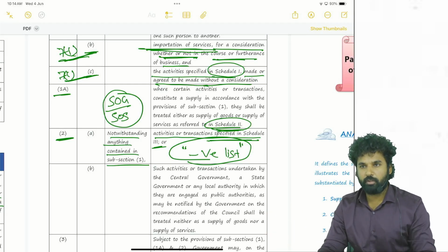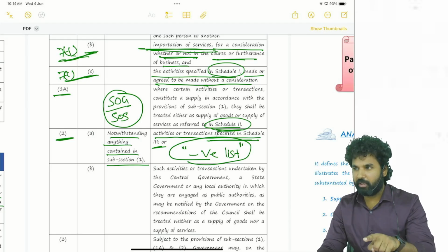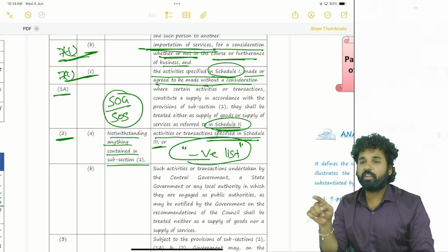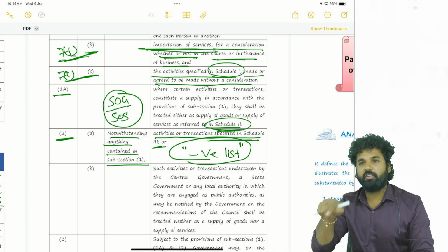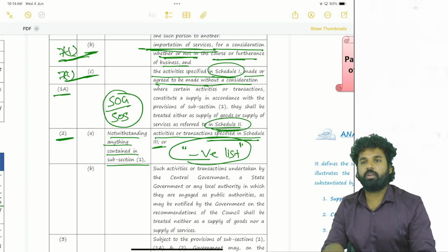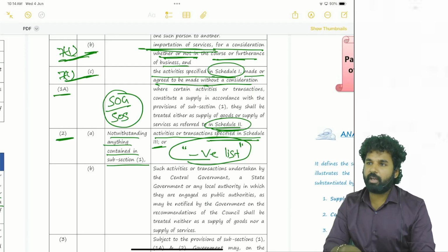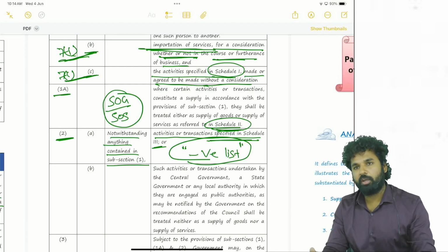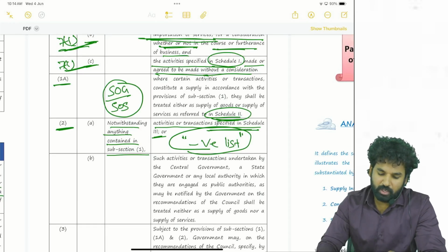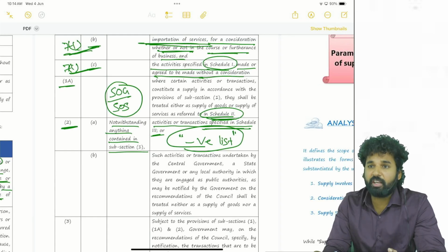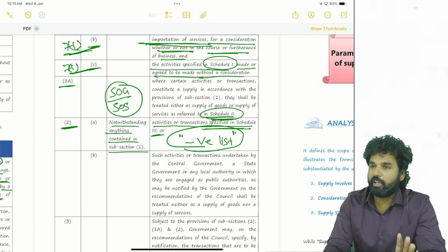You got it? So when it is a supply, we have to check some other conditions whether it will be attracted to GST or not. If an activity is not a supply, we need not check whether GST will attract or not. Okay, right. So section 7 subsection 2 is telling the negative list.